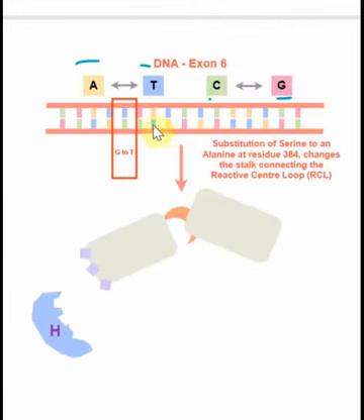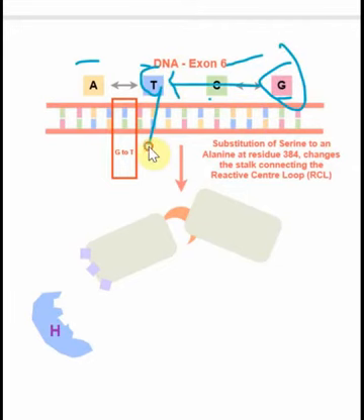However, what happens when this process of DNA goes wrong? On exon 6, which is a coding region, a region of DNA which codes for protein, of the antithrombin gene, there can be a mutation of a G nucleotide to a T nucleotide at this specific location here.